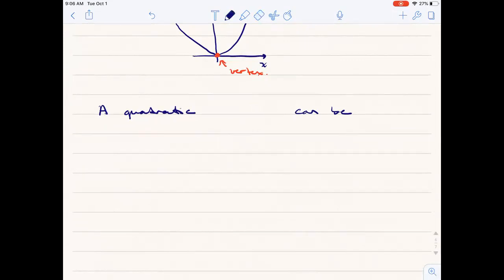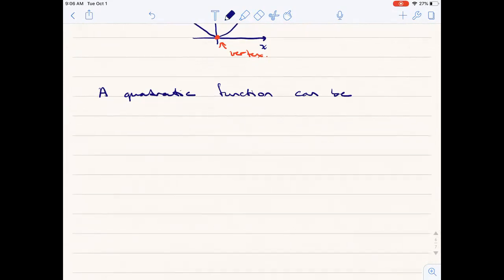Doesn't matter, but equation has an equal sign in it, and I don't want to necessarily have that. A quadratic function can be written two ways.